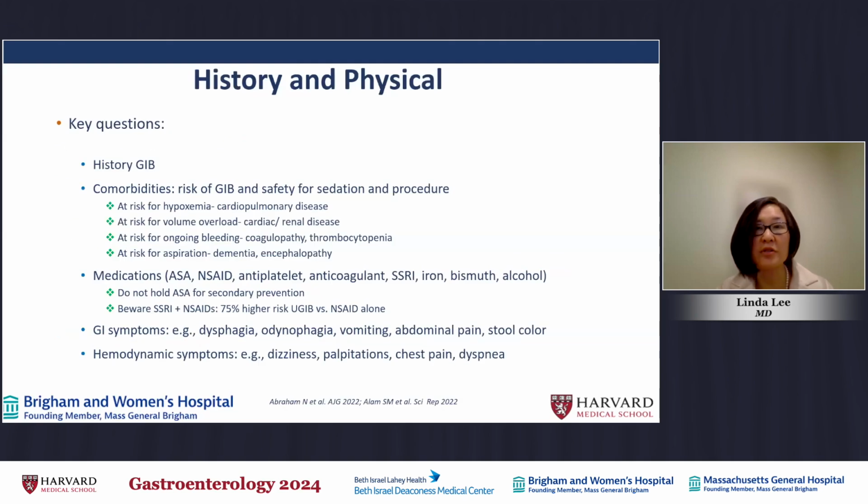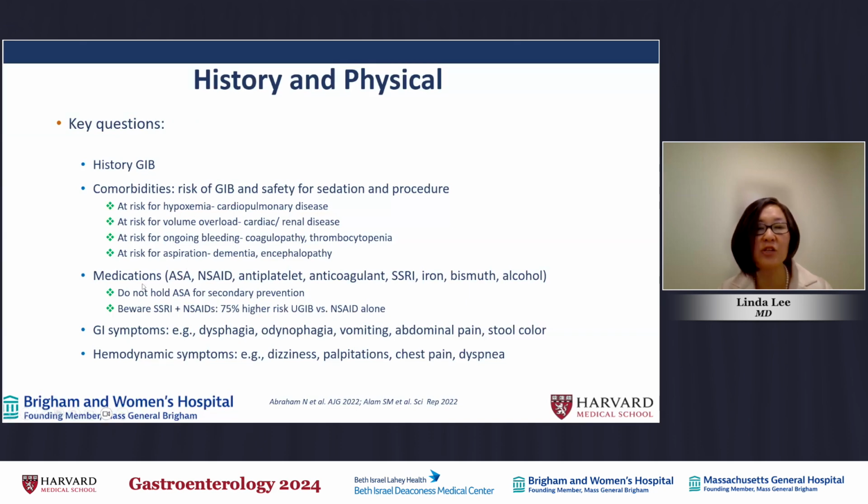Of course, we all start with a history and physical that's targeted and looking for a history of GI bleed, trying to make sure that we look into their comorbidities to look for risk factors for GI bleed, as well as what may impact safety in sedating the patients for procedures.